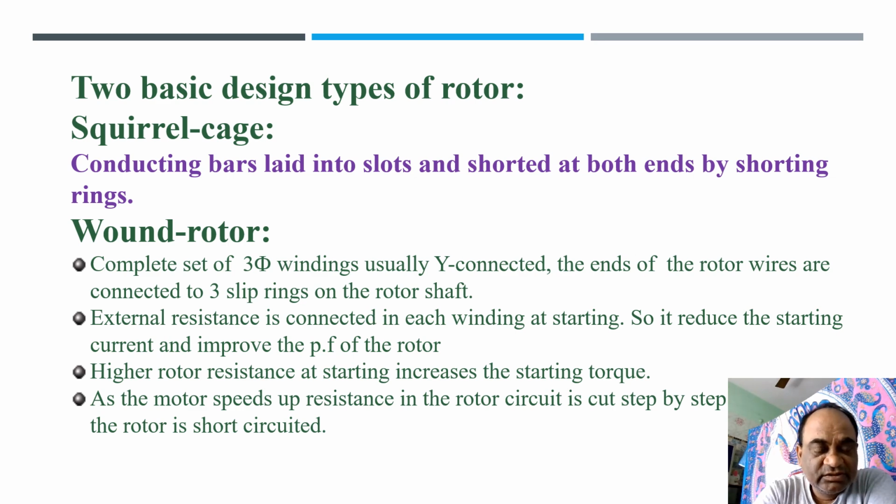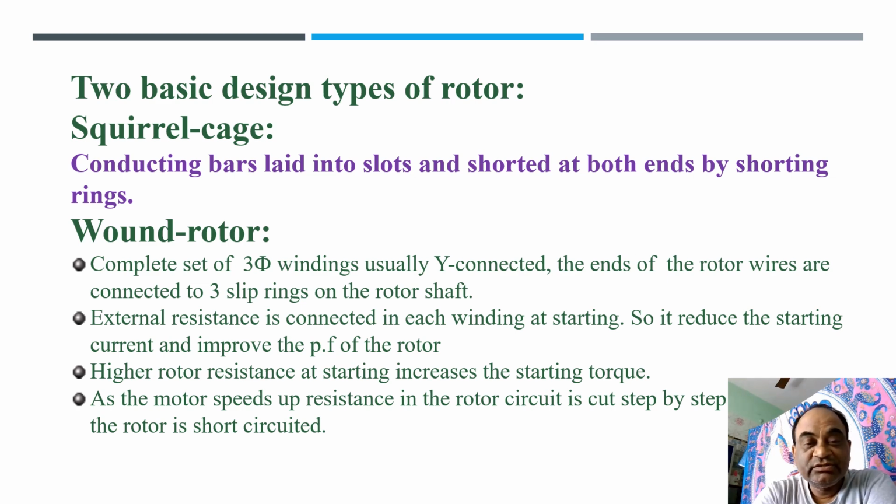Now let's try to understand more about the wound rotor. The wound rotor has a complete set of three-phase winding, usually star connected, and the ends of the rotor wires are connected to three-phase slip rings on the rotor shaft. External resistance is connected in each winding at starting to generate more torque, and so it reduces the starting current also, and improves the power factor at the same time.